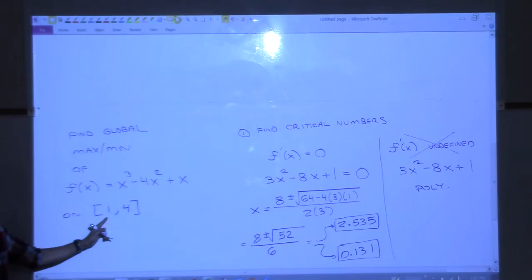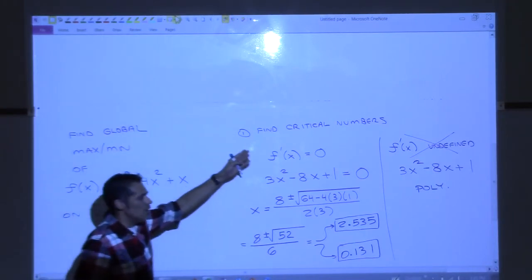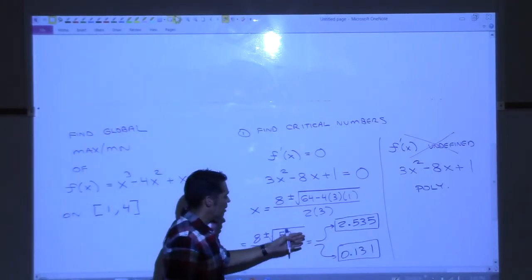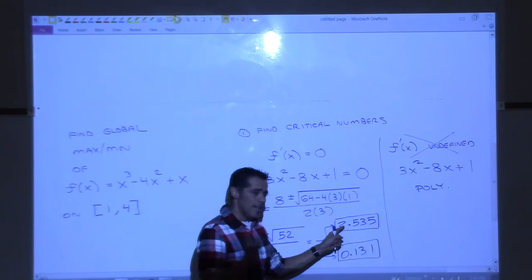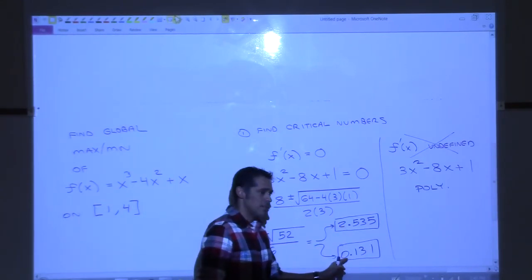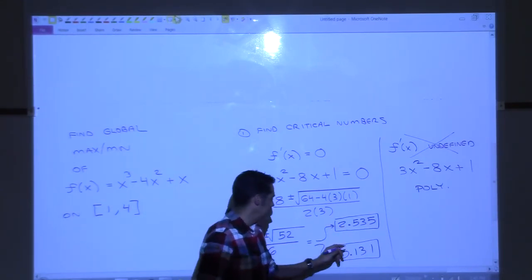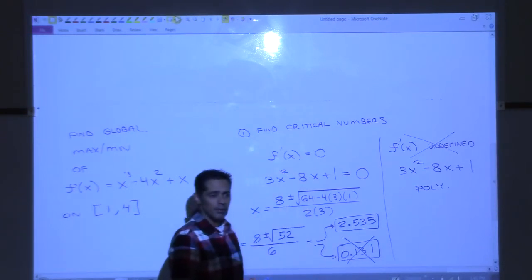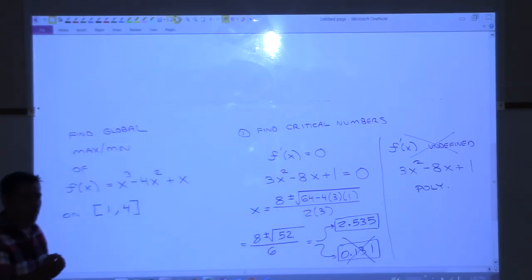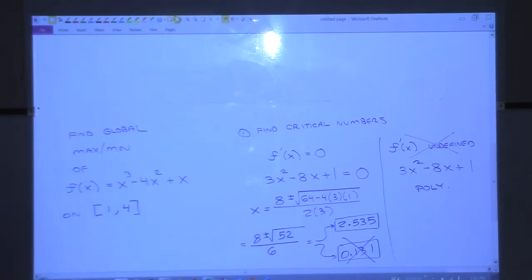One of those doesn't live in the interval that I'm looking in. I'm only allowed to look between 1 and 4 on this graph. This is saying, hey, look, your critical numbers are going to be here and here. This number's in that interval, this one is not. So what am I going to do with it? Chunk it. Not in the interval, all right? You have to check that. Somebody's going to forget. Don't be that somebody.